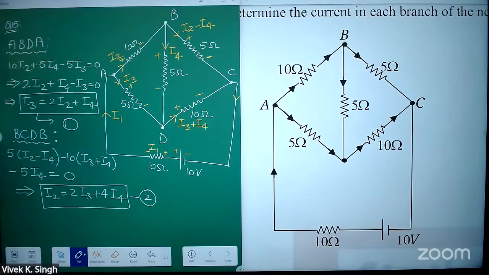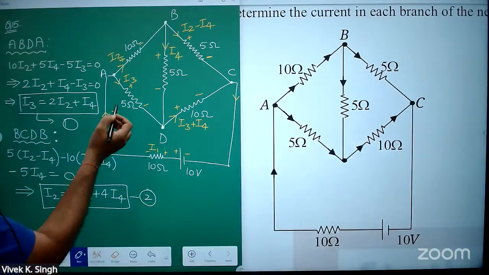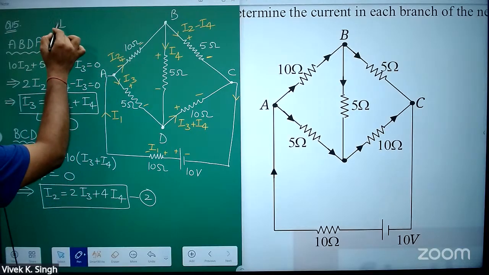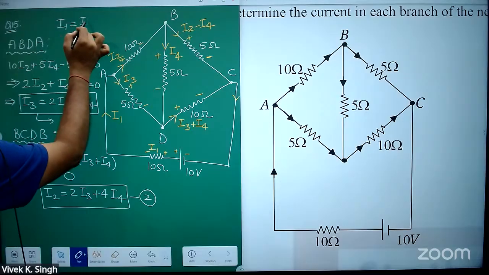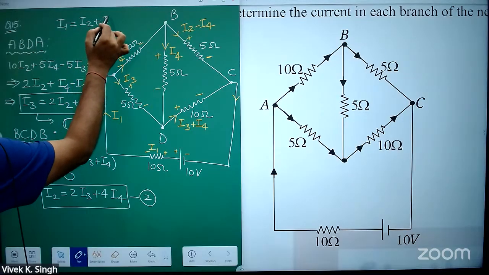Clear? And one relation is I1 is I2 plus I3. We have to use this particular relation also.